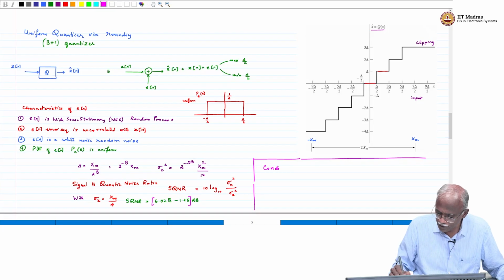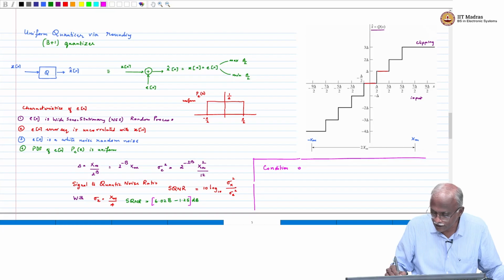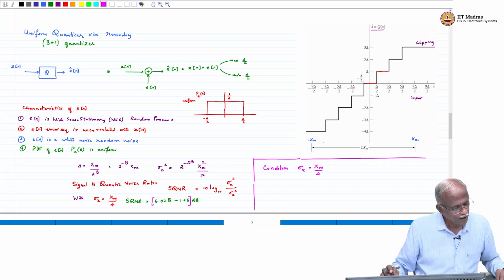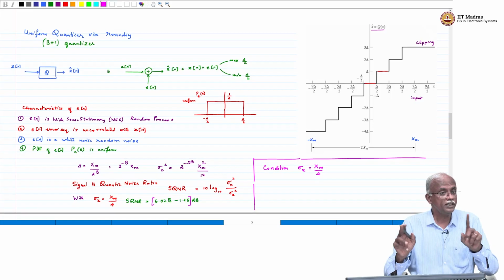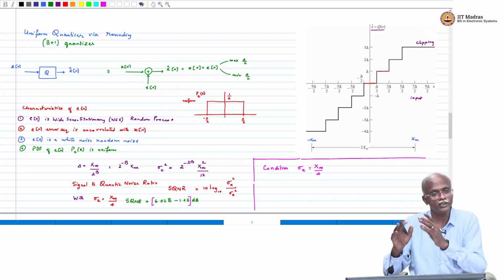If you remember, the condition that we assumed was that the standard deviation of the input signal was xm divided by 4. Now if I change that assumption, that condition, then my signal to quantization noise ratio will change.